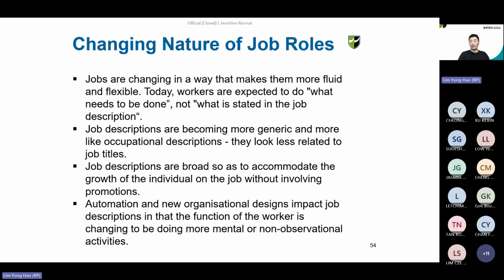But I foresee in the next few years, and next year probably, they will need to relook at the thing again, right? Because it's changing so fast. In the end, they may go on to having a more general type of job description, but one that accommodates jobs that are changing very fast.